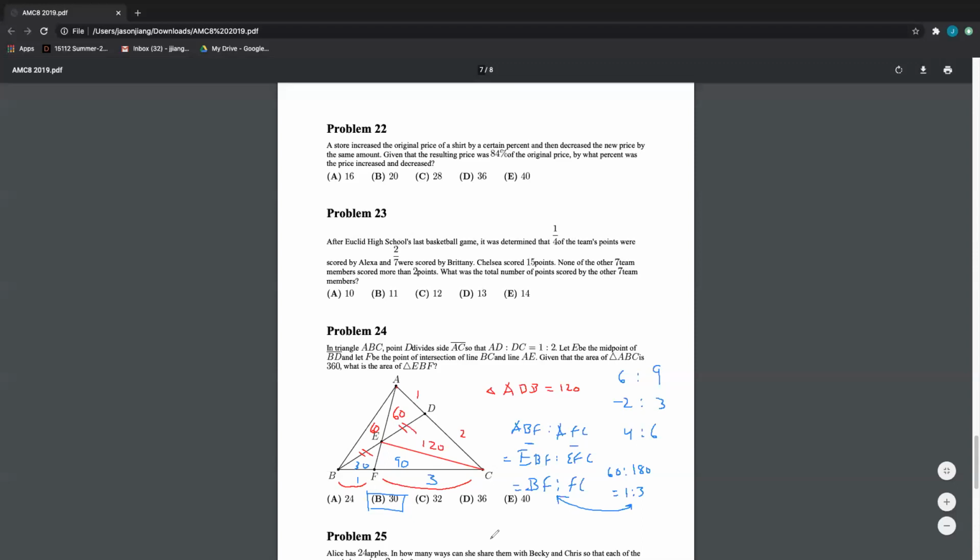Okay, bit of a longer problem there. We repeatedly applied the fact that when you have triangles that share an altitude, the ratio of their areas is just the ratio of their bases. That was the fact that we used like 3 or 4 times, and eventually we were able to get an answer of 30.